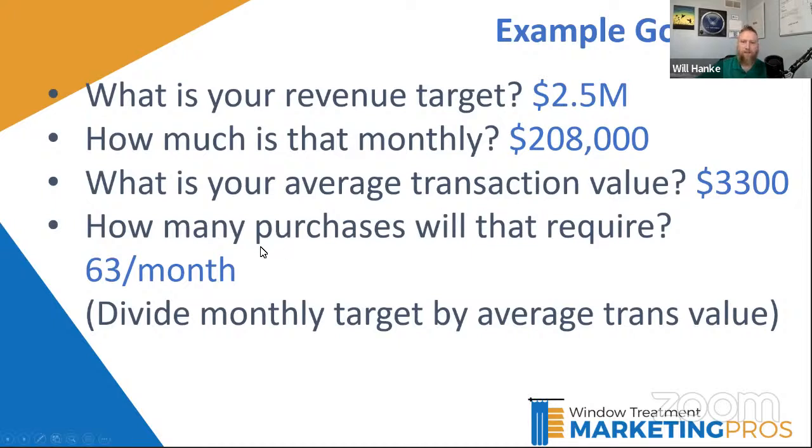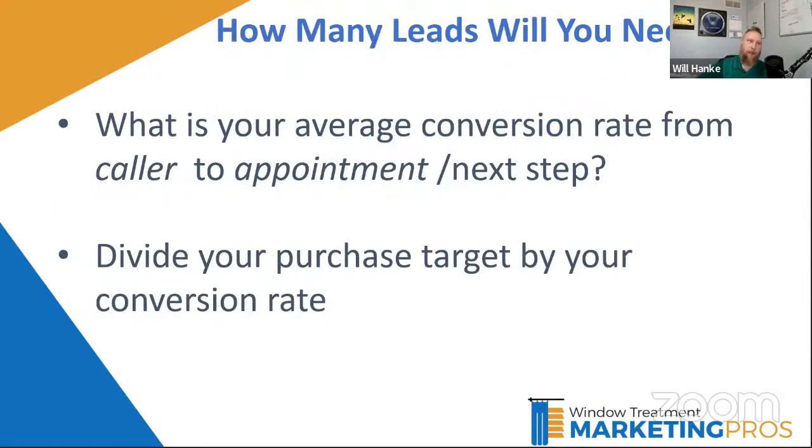So then you just take that number and you're able to start to see, okay, how many people do we need to talk to in an average month to hit those numbers, right? So average conversion rate from caller to appointment. And this really is where it gets a little bit murky, I guess, right?